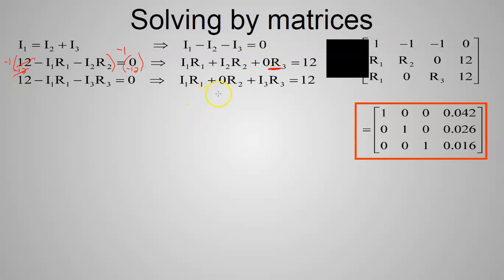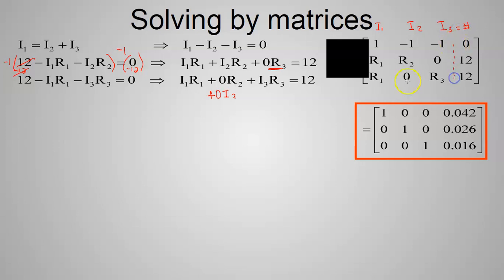Really, this isn't the way it should be written. I would put this I2 times 0. I think that would be better than 0R2. We're trying to stack it up so that each equation, here's equation 1, equation 2, equation 3, has an I1 value and an I2 value and an I3 value, and then this would be the constants on the other side of the equal sign.